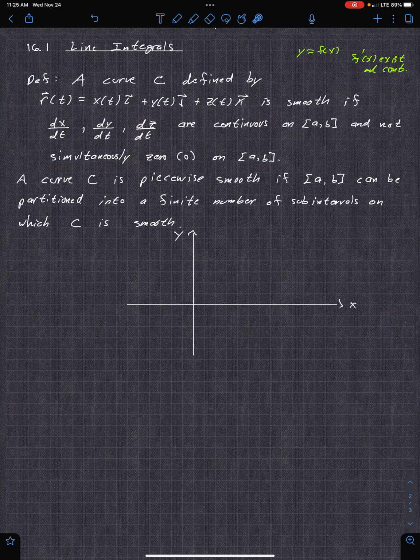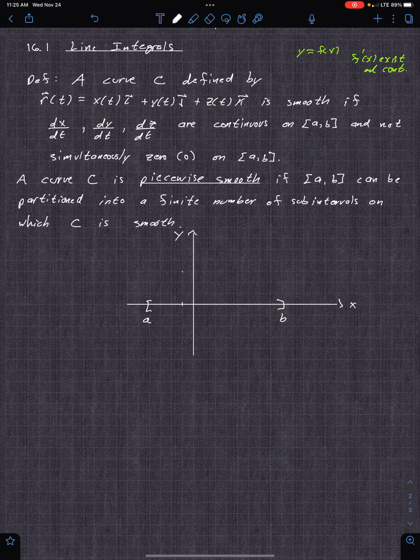And then we look into what's called piecewise smooth, which is really what most of these theorems are defined on. A curve C is piecewise smooth if that interval is partitioned, or can be partitioned, so that it's smooth on each of those partitions, and it's a finite number of subintervals.